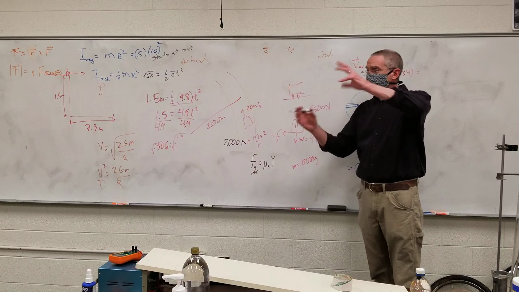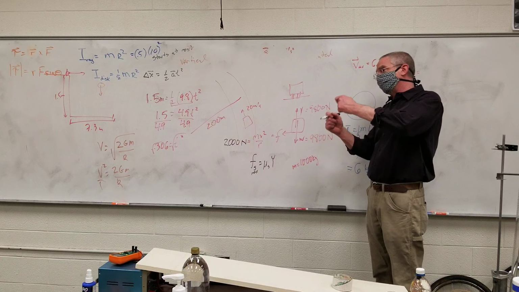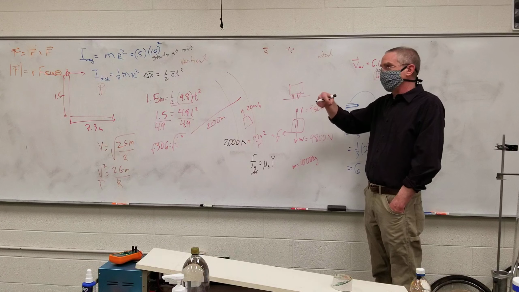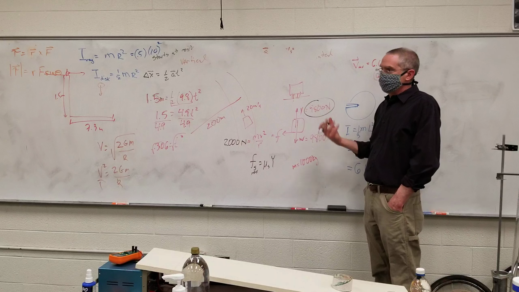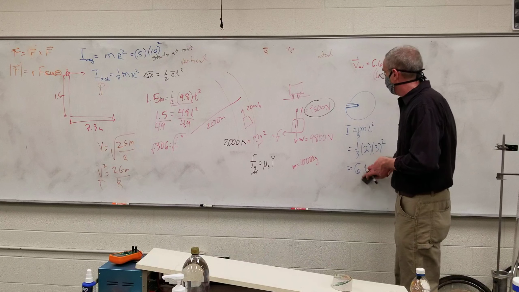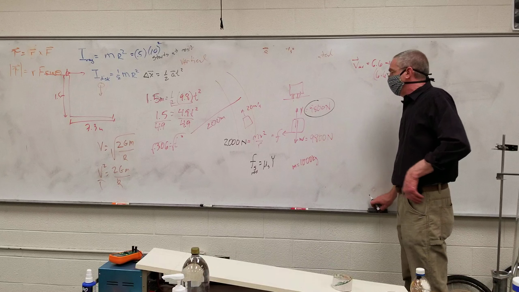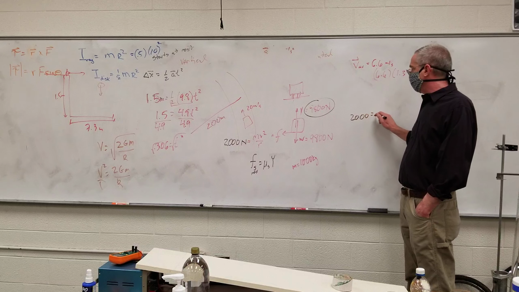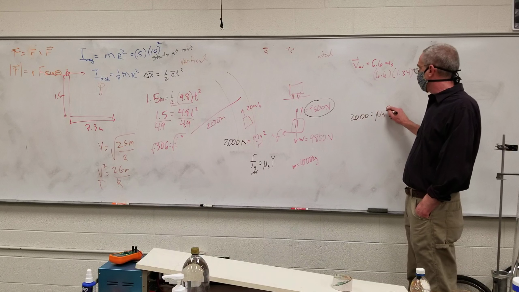If there's multiple normal forces in the problem, it's the normal force where that friction is occurring. That friction is occurring between tires and road, so I want the normal force between tires and road. There's only one normal force in this problem, so it's not tough to figure out which one you need. So in this case, that would be 2,000 is equal to mu_s times 9,800.